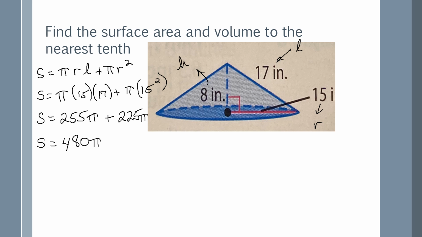Okay, so now we can go ahead and punch that in because we want to solve to the nearest tenth. So this is approximately 480 pi in our calculator. That comes out to 1,507.96. Now, little hint here.